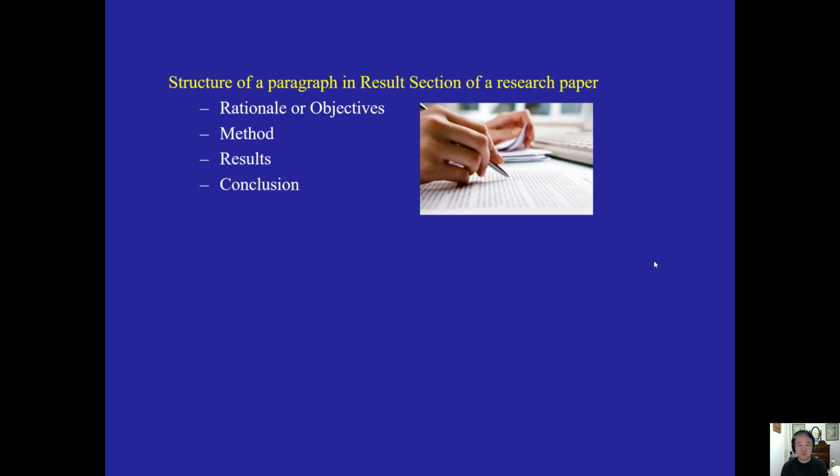Number two is to write a method. Number three is to write the results. And number four is to write one sentence for conclusion. Consider those four key points in one paragraph. Surely those all have to be under one topic or subtitle.